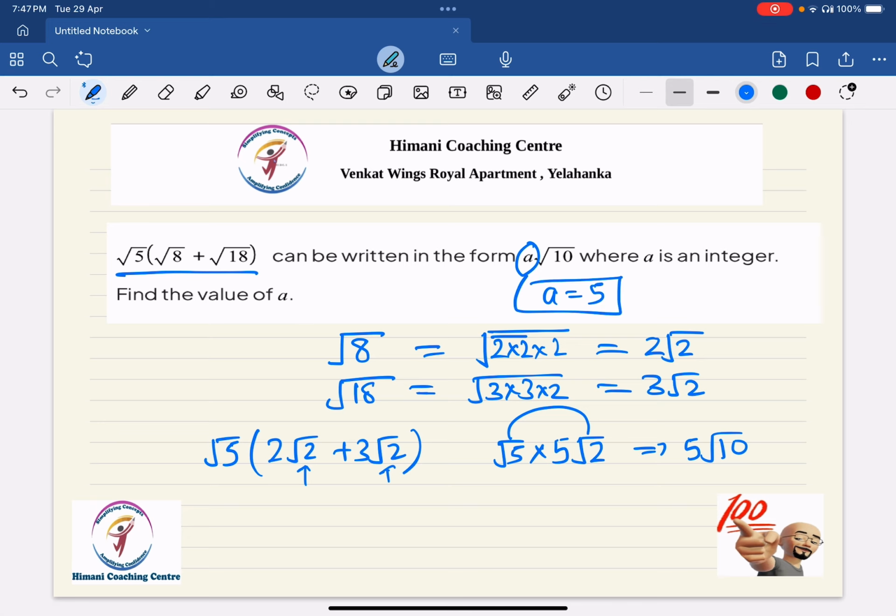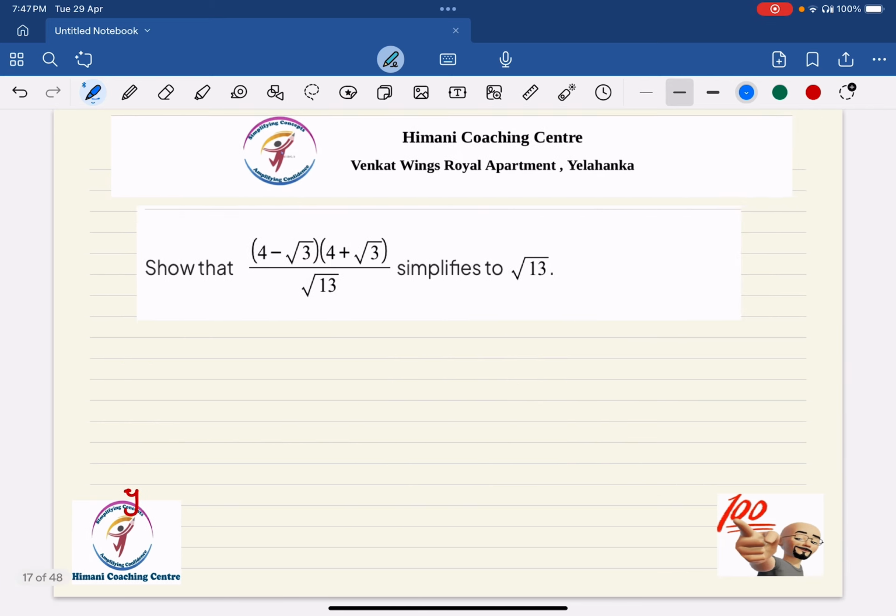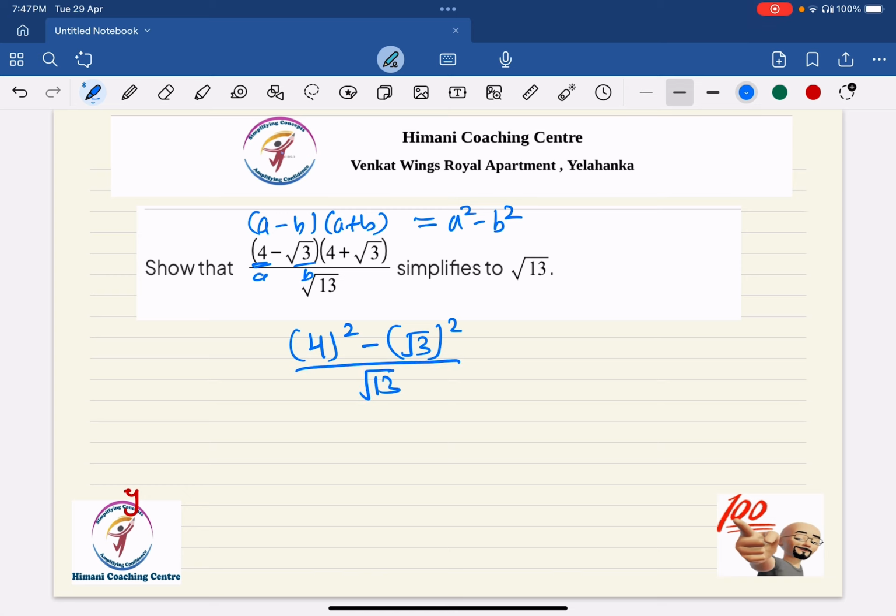Let us move to the next question. It says show that (4 minus root 3) into (4 plus root 3) over root 13 simplifies to root 13. If we apply the formula (A minus B) into (A plus B) equals A square minus B square, where A is 4 and B is root 3, the numerator will become 4 square, which is A square, minus root 3 square, which is B square, divided by root 13.